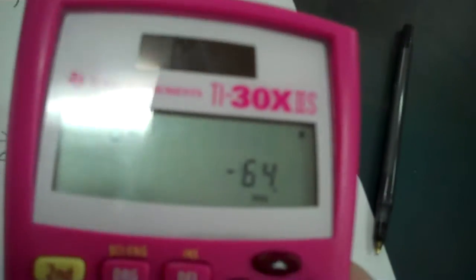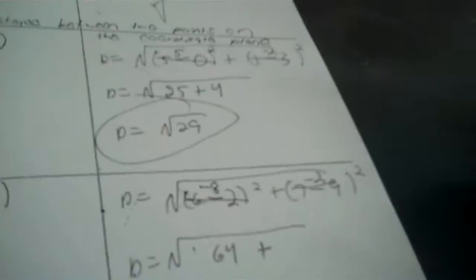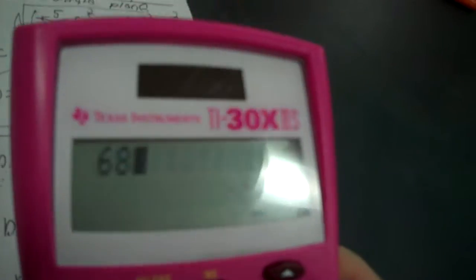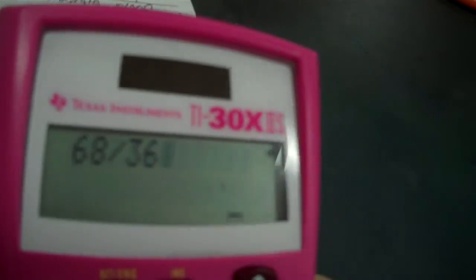And again, don't do this with a negative. Okay, that drives me nuts because it's negative 8 times negative 8. That's 64. Anything to the second power is positive. And that's going to be 4. So we have the square root of 68. Now you got to simplify your square root if you can. 68 divided by 64, nope. 68 divided by 49, nope. 68 divided by 36, nope.